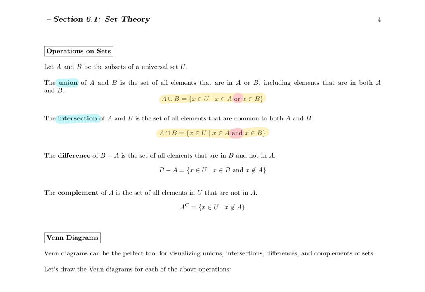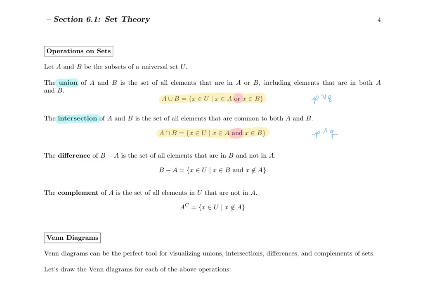So you can think of these in terms of our logic from chapter 2 as a disjunction and a conjunction. So you probably remember this as being similar to like P or Q, and this one as P and Q. So similar concepts.